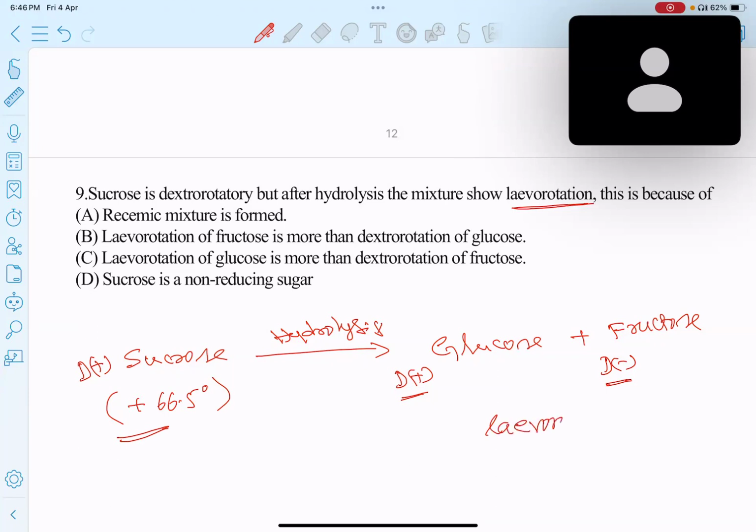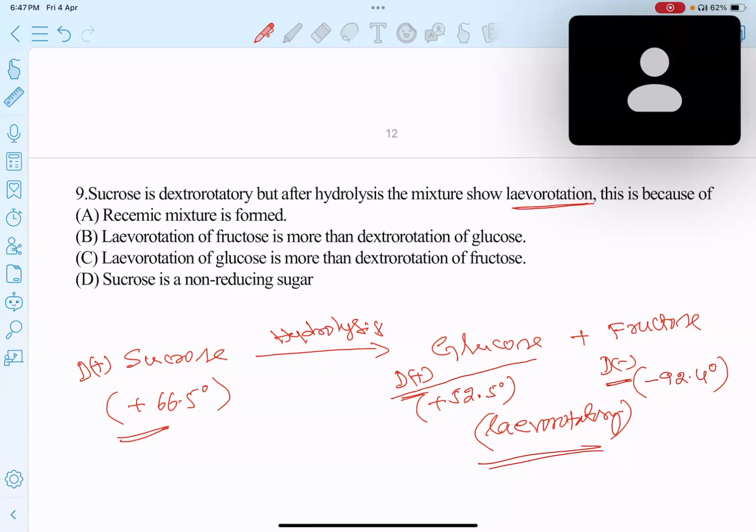This is because glucose is dextrorotatory, rotating the plane polarized light towards the right by about 52.5 degrees, but fructose rotates the plane polarized light towards the left by about minus 92.4 degrees. Because of this, the mixture is levorotatory.